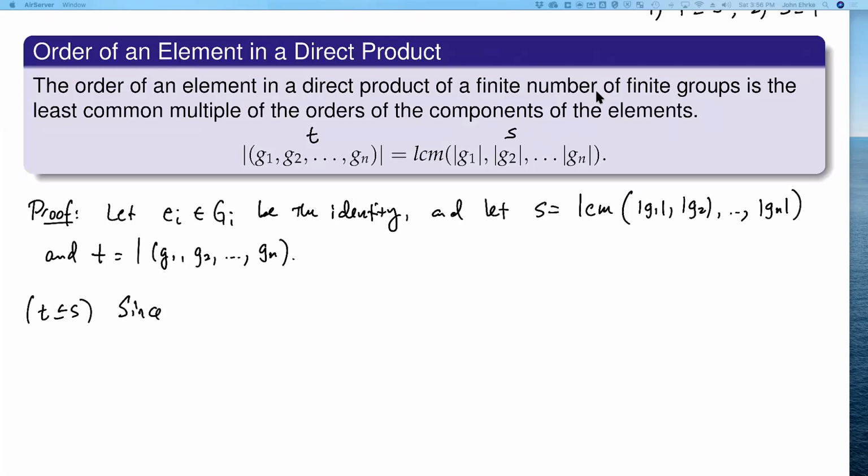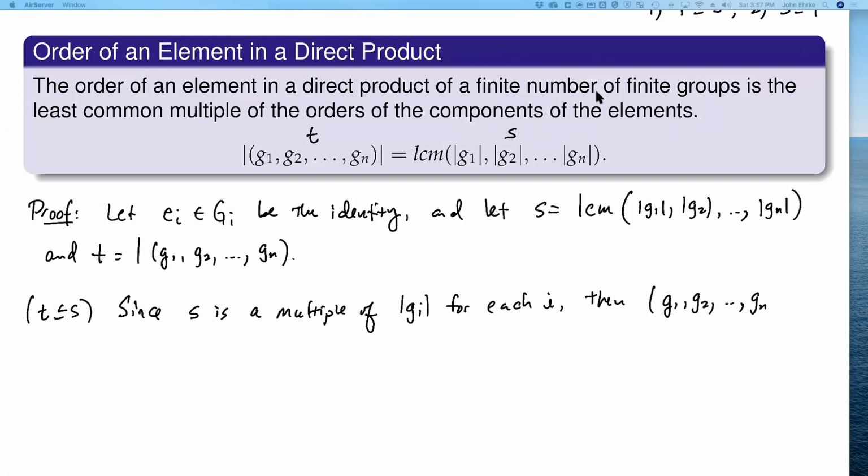Since s is a multiple of the order of the individual elements for each i, then what you know is that if you take the entire element raised to the s, this is the same thing because of how operations work in a direct product. Remember, they're component-wise. So that's taking g_1 to the s, g_2 to the s, and so on.